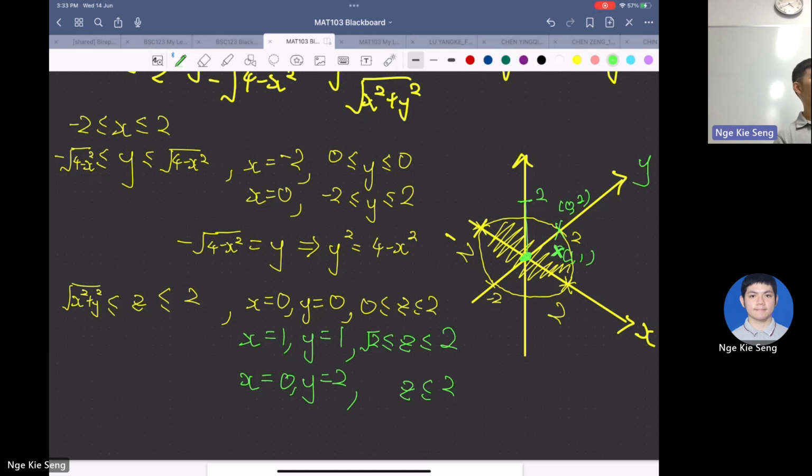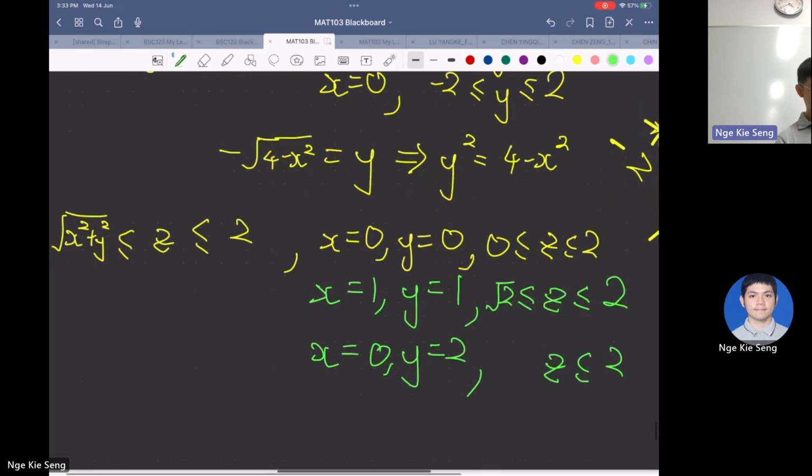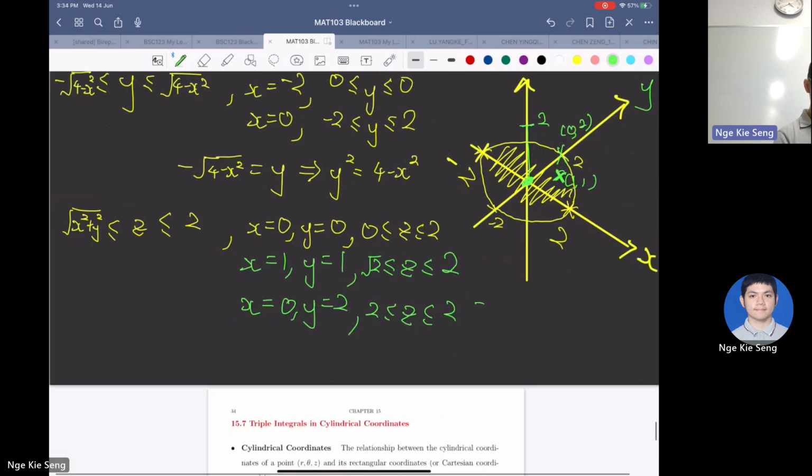Can you see? Okay, bounded below by 2 as well. So this means Z equals 2. Okay, so what can you see?